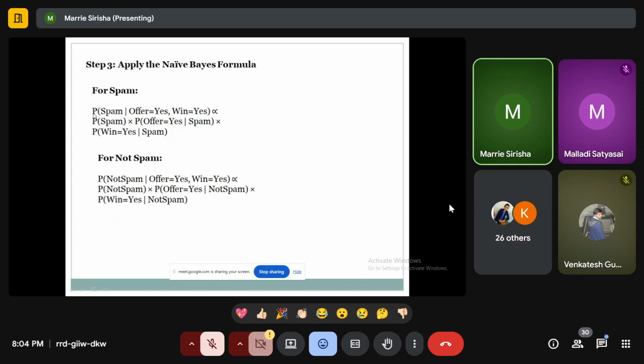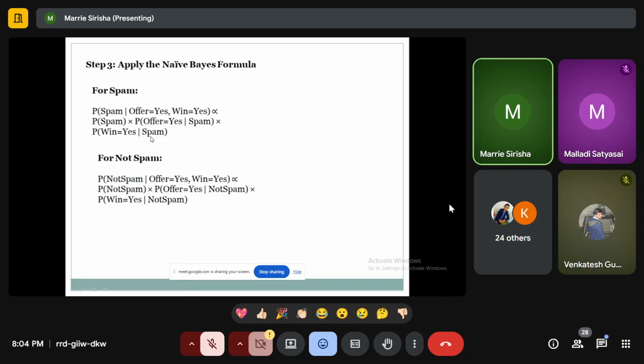So for spam, if offer is yes, spam అయితే ఏంటి offer yes ఉంటుంది and win yes ఉంటుంది. It is directly proportional to the spam. Probability of spam into probability of offer is yes, then it is a spam, and probability of win, that is also spam.